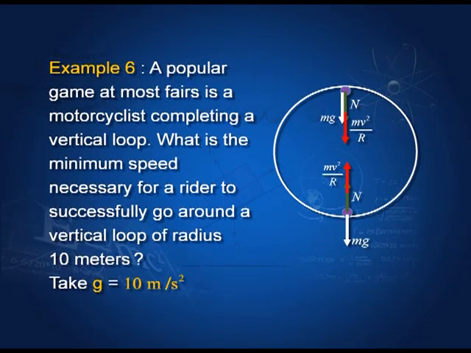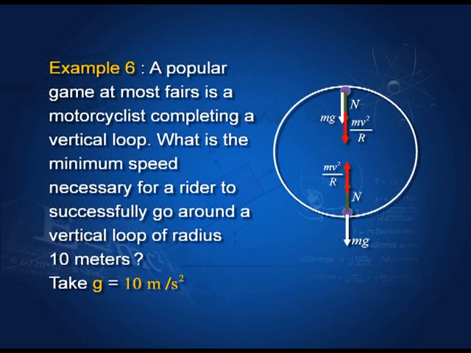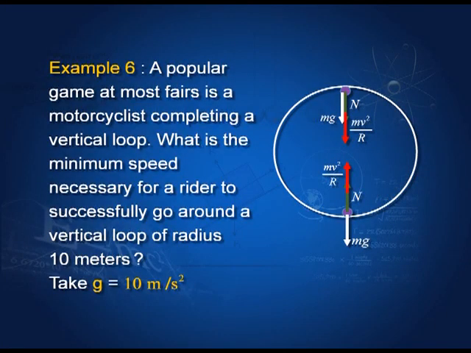What is the minimum speed necessary for a rider to successfully go around a vertical loop of radius 10 meters? If that velocity is not maintained, then the poor fellow would fall. So, the person must know the centripetal force and have enough speed so that he does not fall.